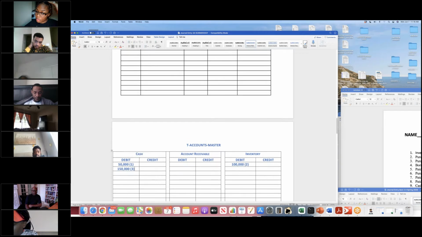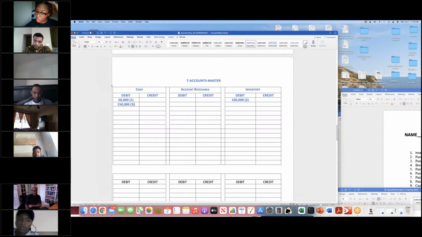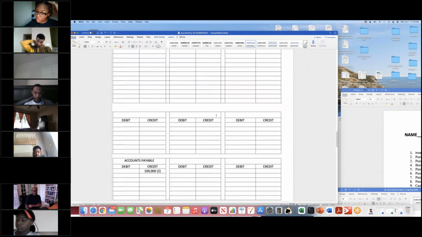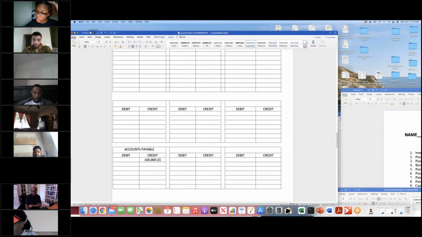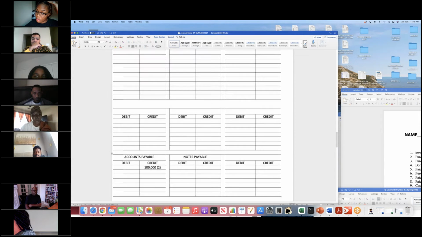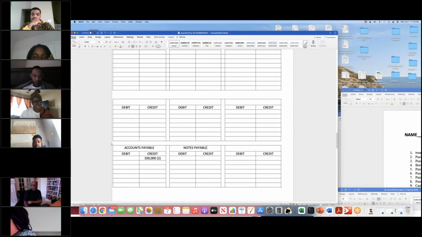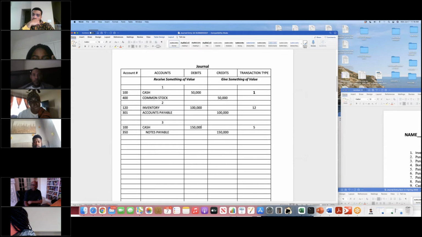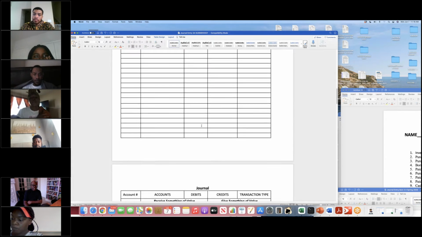What else are we going to do? We might need to create a notes payable account, right? And what are we going to do with this notes payable account, given that we created it? Isn't that the other journal entry, I mean, account? So what are we going to do?